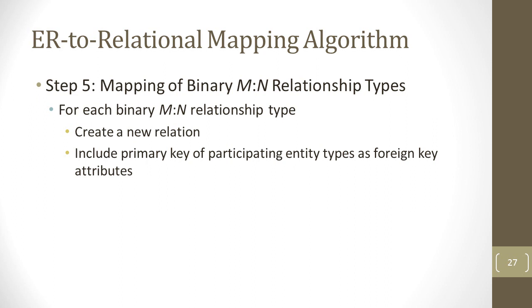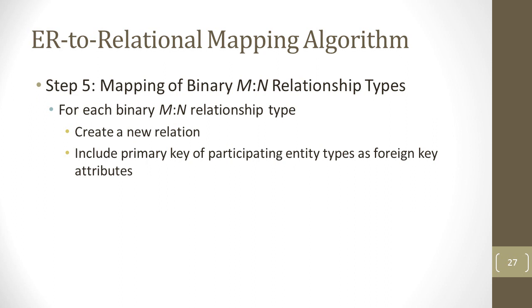So say we redefined and said in our company database that an employee can work for multiple departments and a department can have multiple employees. So say we redefined that as an M to N relationship. We're going to have a new relation between the employee and department relation that we're going to call, say, employee per department.